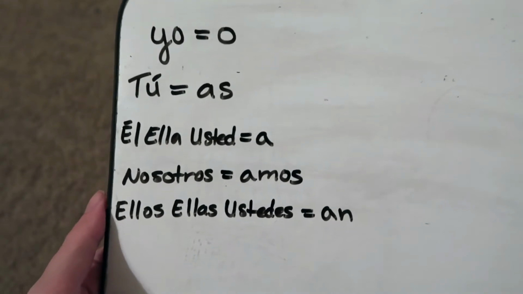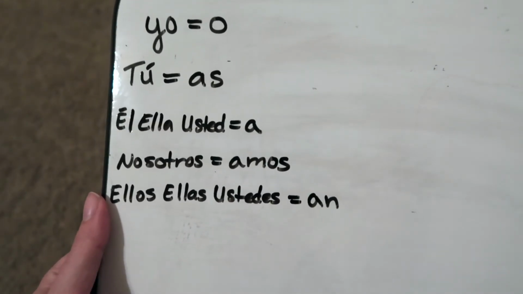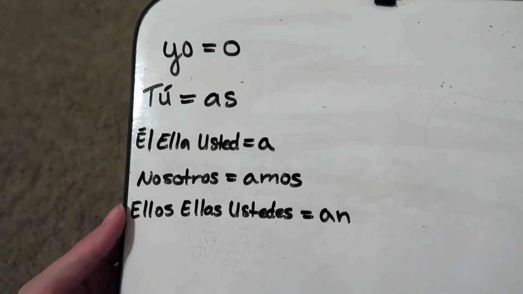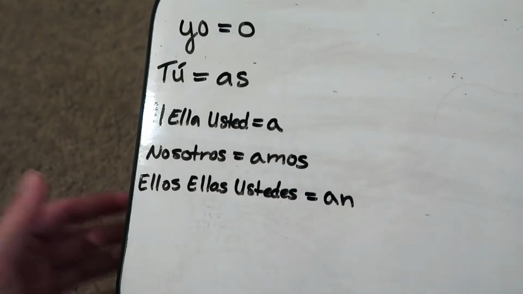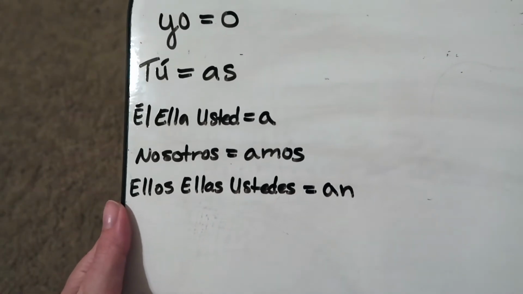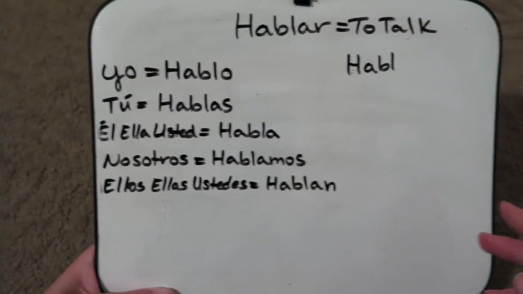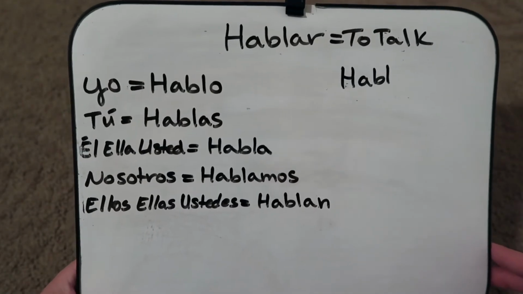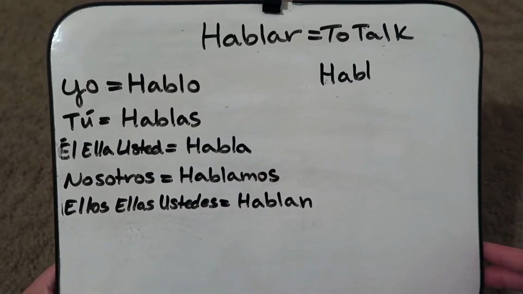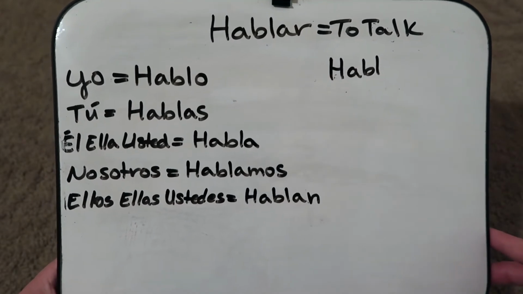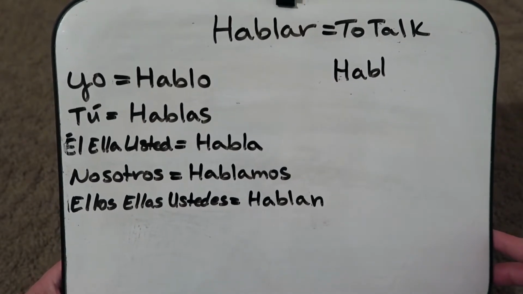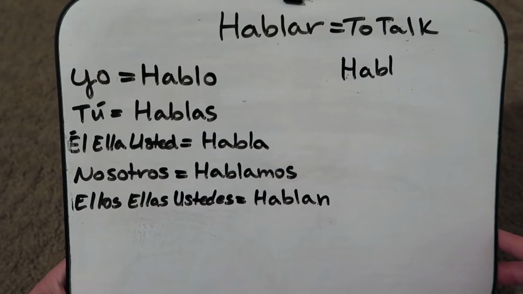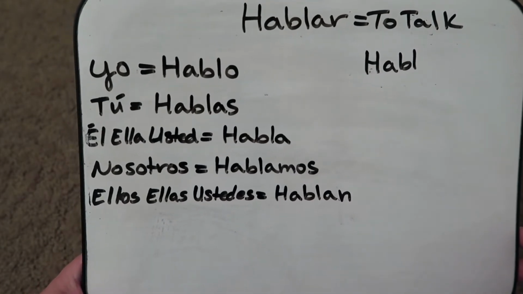Now I'm going to show you some examples of some AR verbs with these conjugations. For this example, we're going to use the verb hablar, which means to talk. To conjugate a verb, you're going to take off the ending, which is the AR, and you're going to put on one of these new endings.